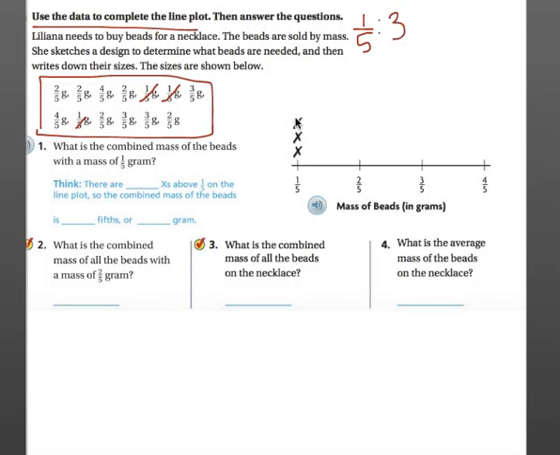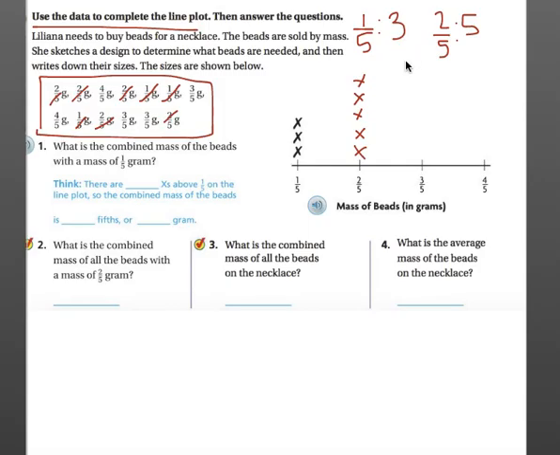If I look at my line plot, there's 3 1/5 X. So the next one is 2/5. For 2/5, I have 1, 2, 3, 4, 5. So I have 5 2/5. So I need to add 5 X's to my line plot because there's 5 beads that are 2/5 grams.